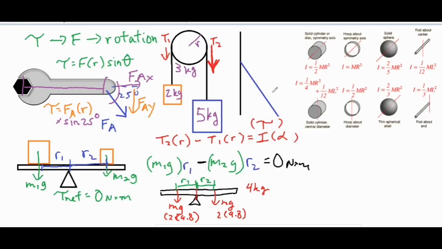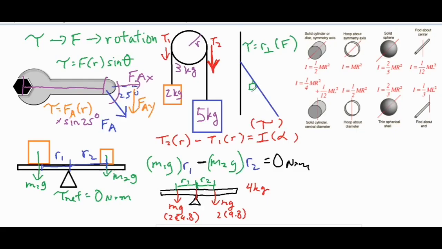All right, lastly, let's go ahead and take a look at this ladder or plank leaning against a wall. And we're going to go ahead and analyze the final torque formula, which is torque equals the perpendicular radius times the force. And basically what that looks like is something like this. Say, for example, you have a bucket hanging on a ladder or a plank over here.